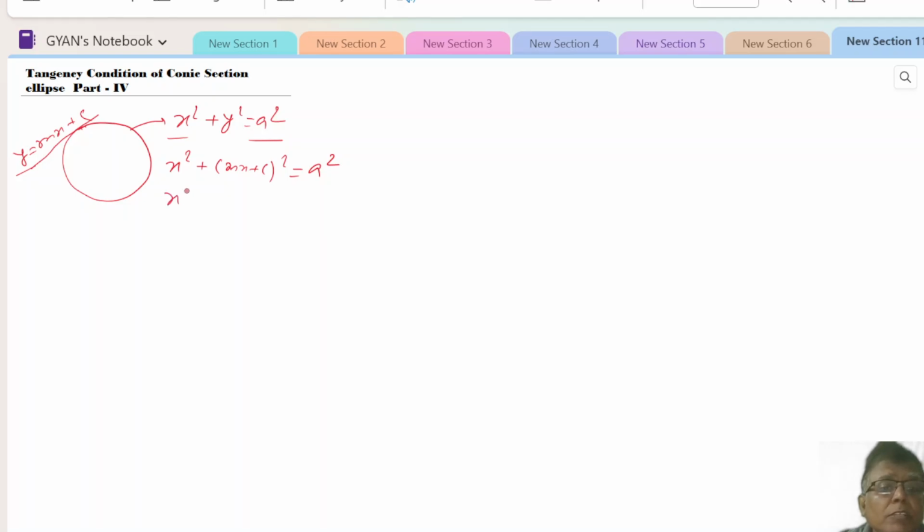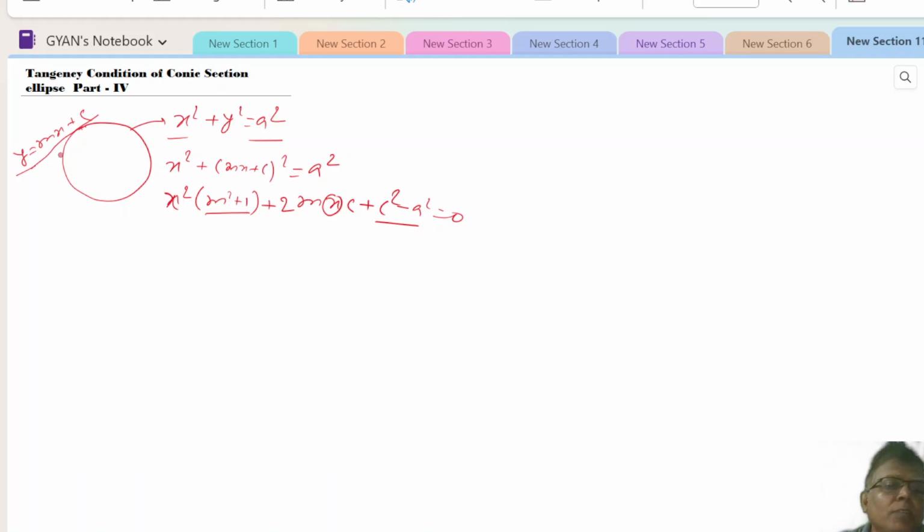So it is giving a quadratic equation in x. The quadratic equation will be (1 plus m square) x square plus 2mcx plus c square minus a square is 0. So this is a quadratic equation in x.